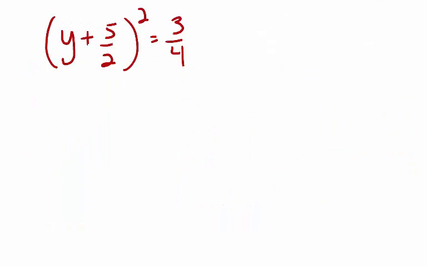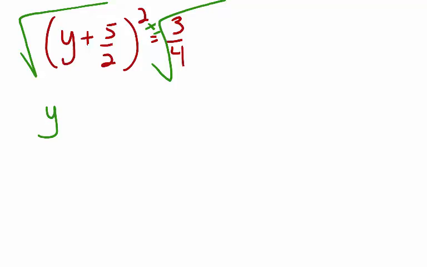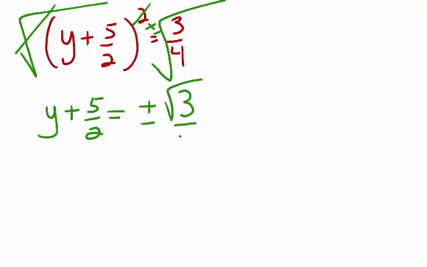My next step is to take the square root of both sides of the equation using the square root property. When I do that, I have plus or minus on the right, so now my equation should read y plus 5 halves, because the square root of a square is a first power term, equals plus or minus square root of 3 over 2.